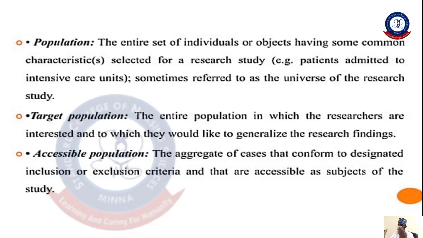For example, you want to carry out research on patients that are admitted into intensive care units. Those patients that are admitted into intensive care units are the population of your study.